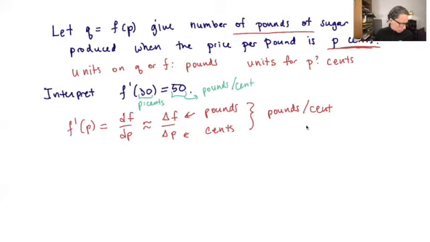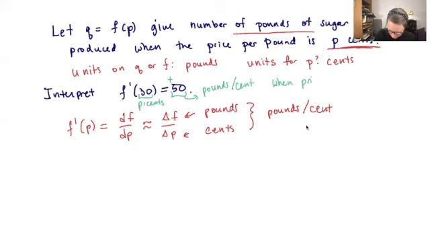Okay, so we've tackled the units, but what did this really tell us? We also notice that this is a positive 50, so that helps us understand increase or decrease. Since the derivative is positive, we're looking at an increasing function. So we could say that when the price is 30 cents, the quantity produced is increasing.